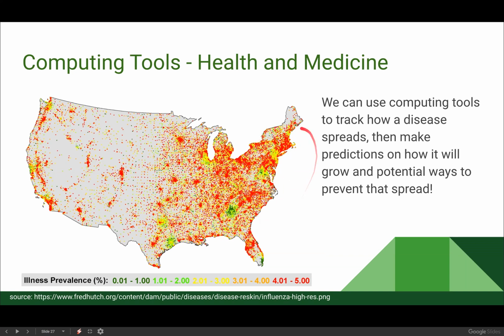And if we look, the East Coast is lots more red than the West Coast. So maybe it affects colder climates more than it affects warmer climates. So this is all information that we can glean way easier with this picture of a map with these different colored dots. We can gain information way better than if we just had a huge spreadsheet full of numbers. So with these tools, we're able to learn more information.